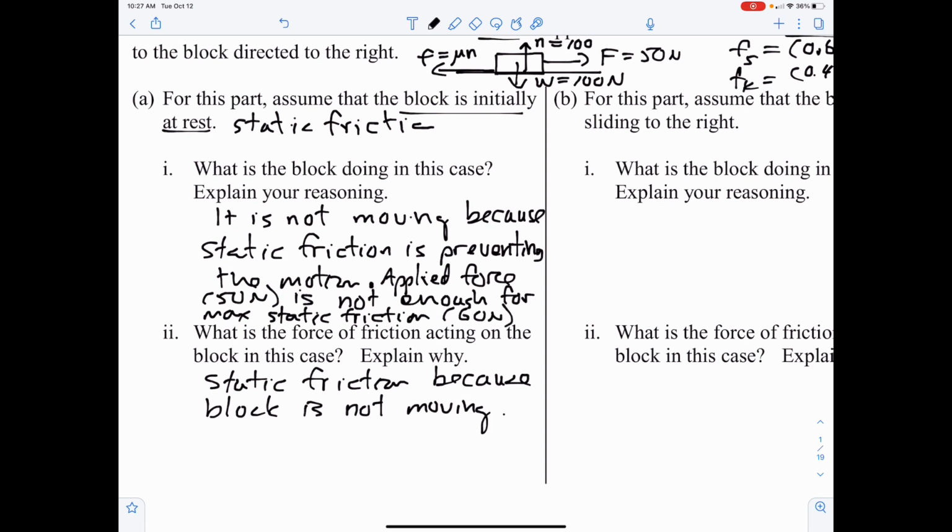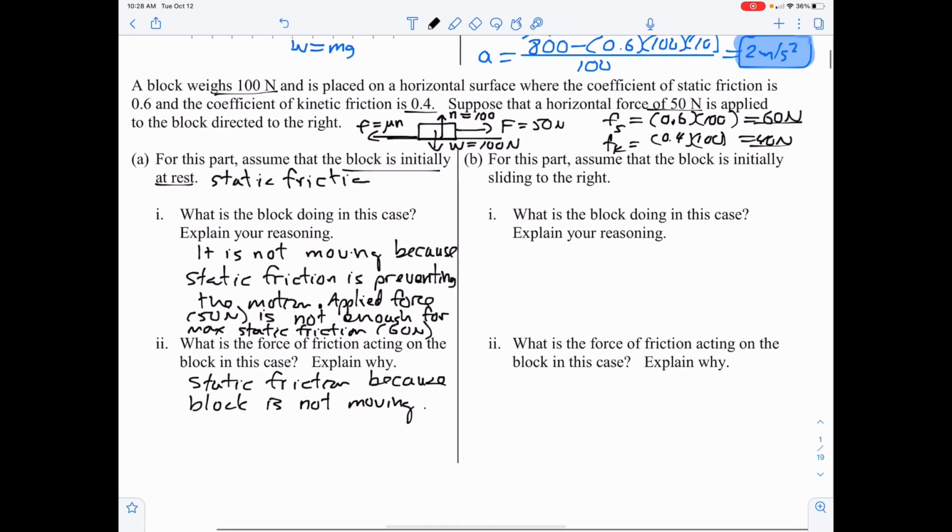So in other words, the lowest amount of force that you can apply to get this thing moving is 60 newtons, which happens to be the maximum static friction that's holding this block in place.